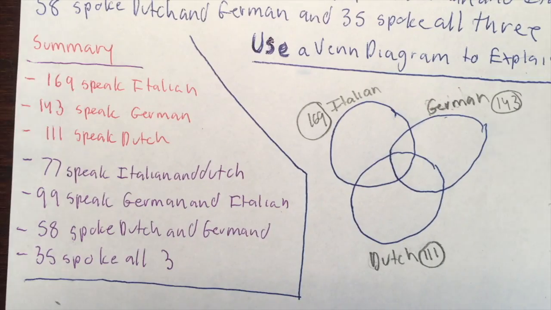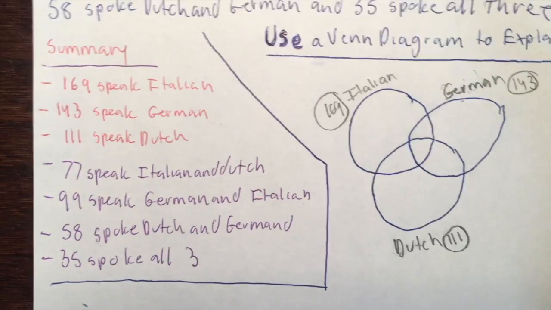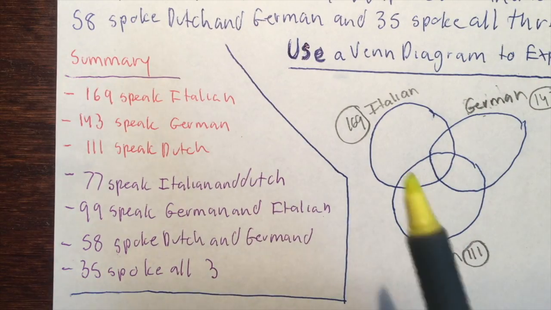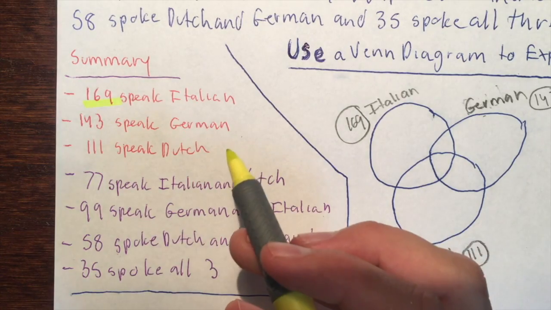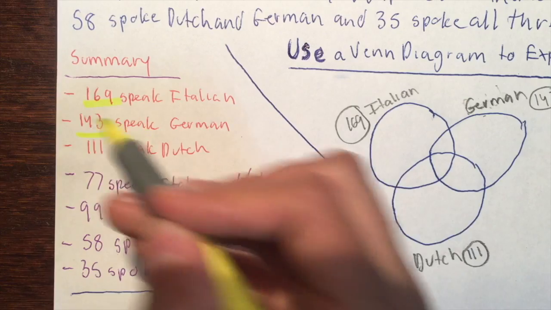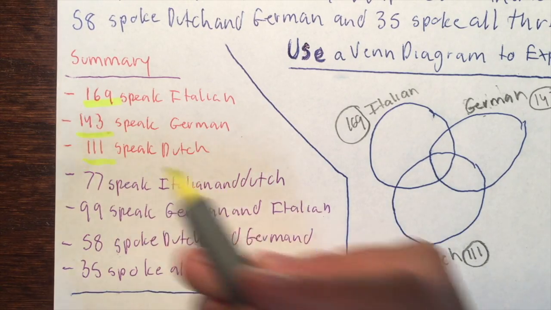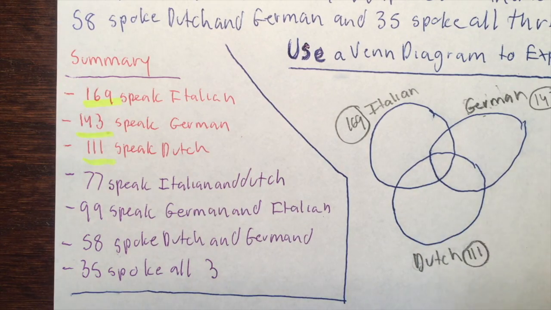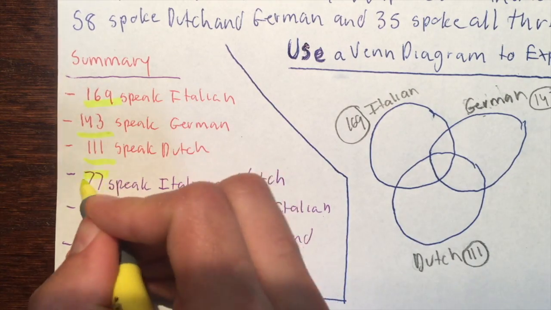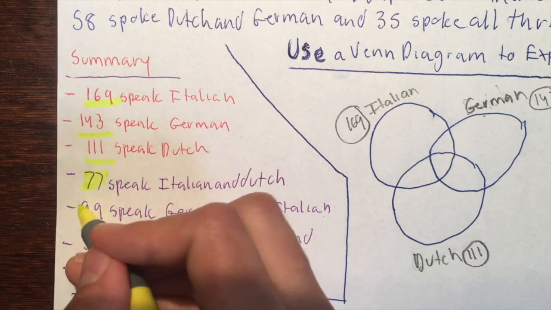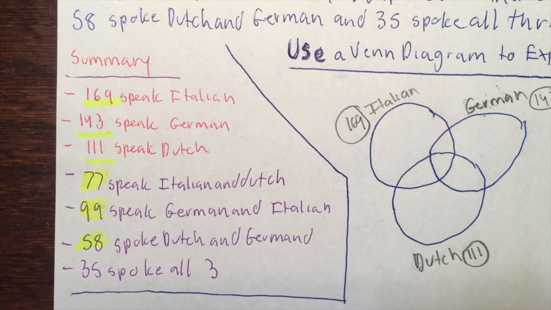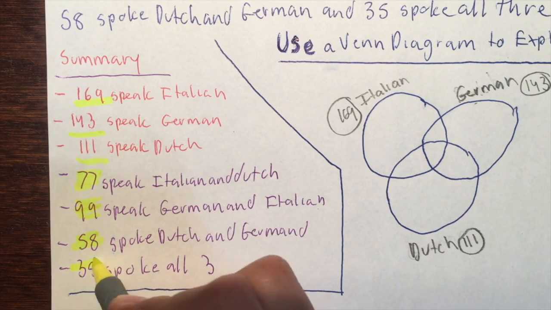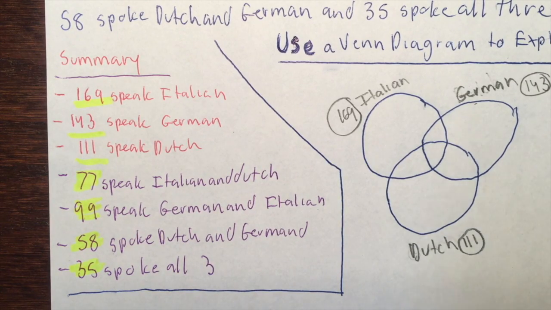All right, I went ahead and summarized all the information in a simpler version. 169 total students spoke Italian, 143 total students spoke German, and 111 total speak Dutch. Here's when they start connecting. 77 speak Italian and Dutch, 99 speak German and Italian, 58 speak Dutch and German, and 35 speak all three.